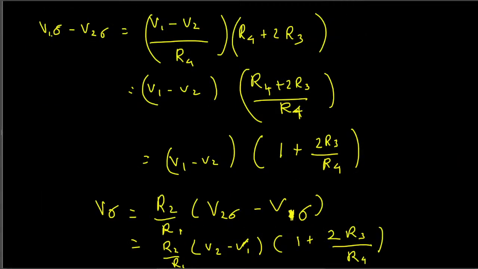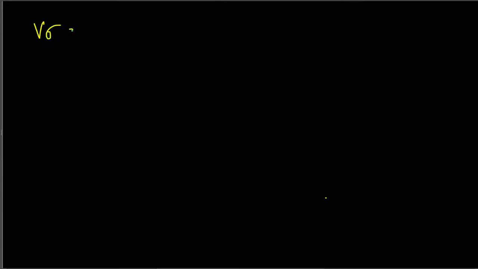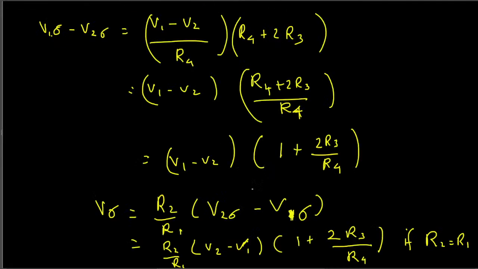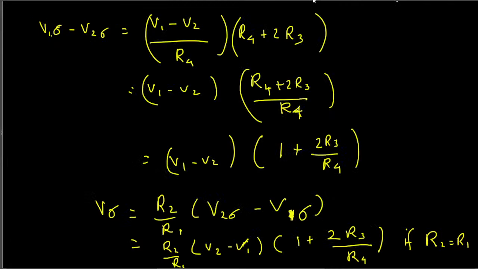Okay, and also we can make the R2 and R1 equal. If R2 is equal to R1, then we can get rid of this part over here. Then finally we will end up with V output that is equivalent to V2 minus V1 times 1 plus 2R3 over R4.